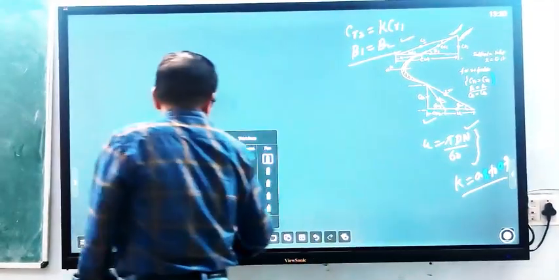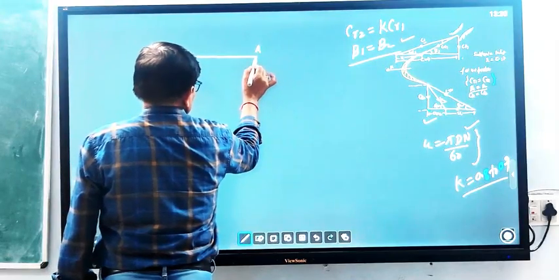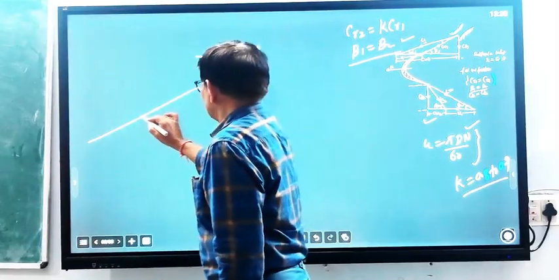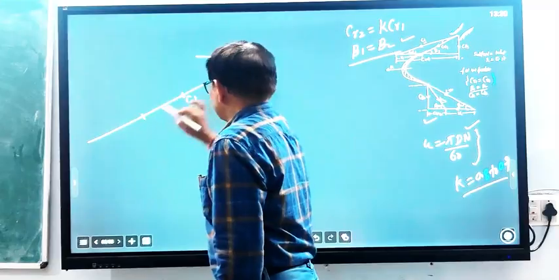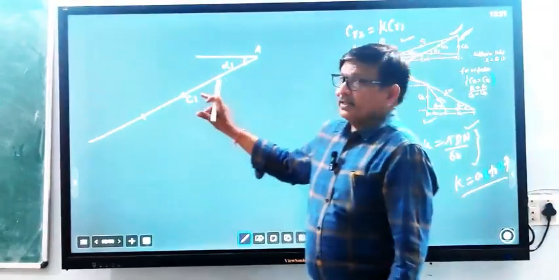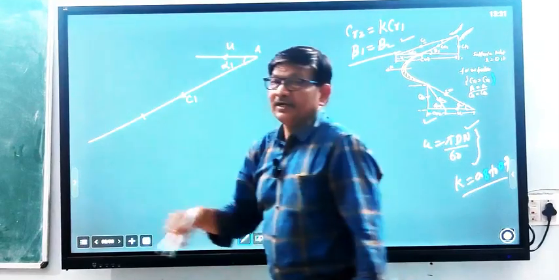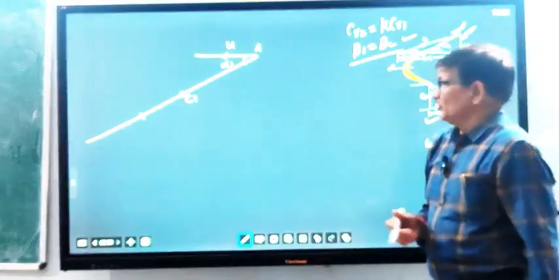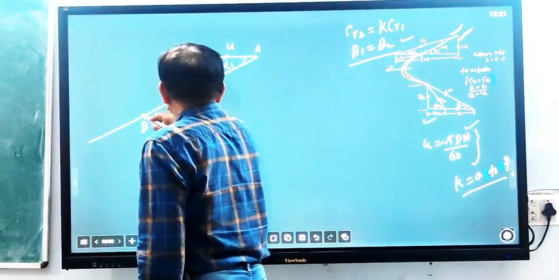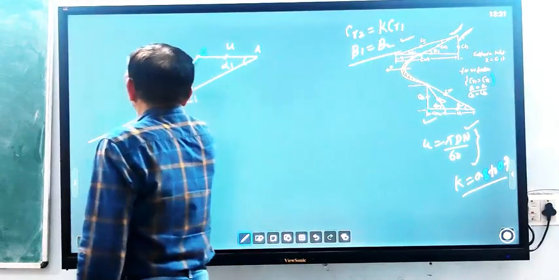So first we draw U A, and from here take angle alpha 1 and cut the value of C1, because C1 is given, taking magnitude according to the scale you have taken. U is given, this is U, the blade peripheral velocity, and join this line B. This is B, and join here, this is equal to C, and again extend here.